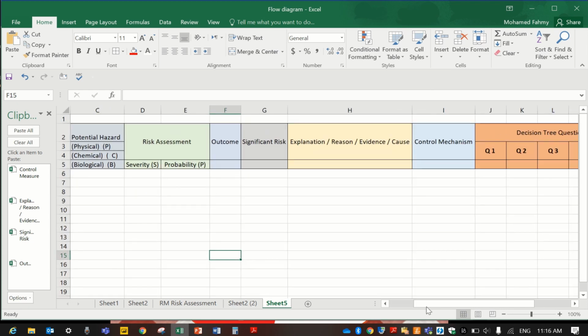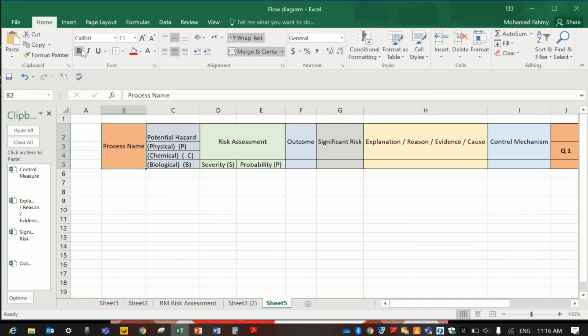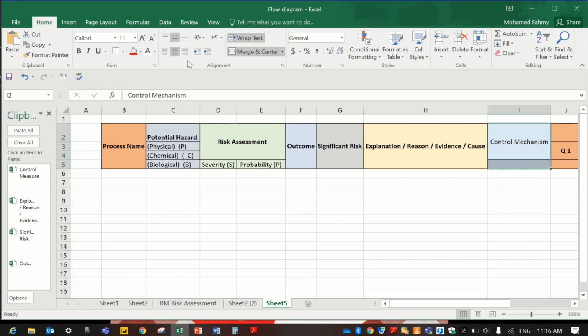So the first cell will be the process name, the potential hazard, the risk assessment, the outcome and significant risk. Make it bold, it will be better. The explanation and the reason, the control measure.